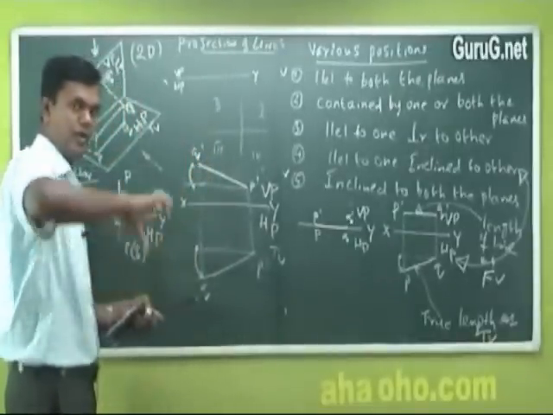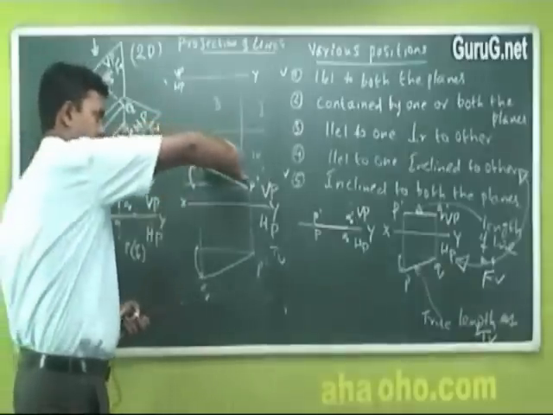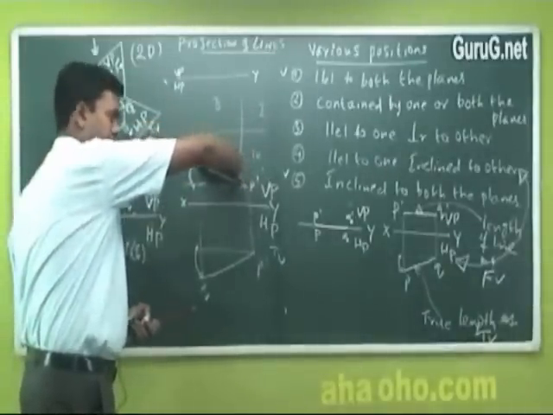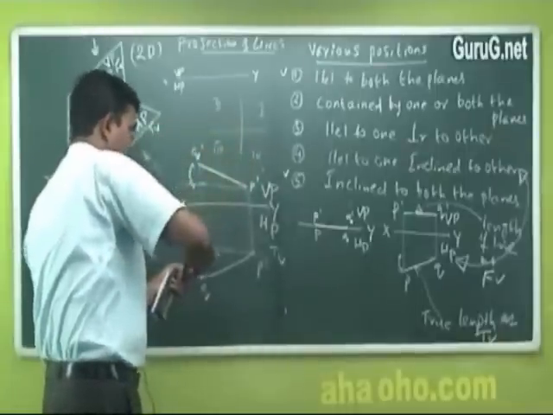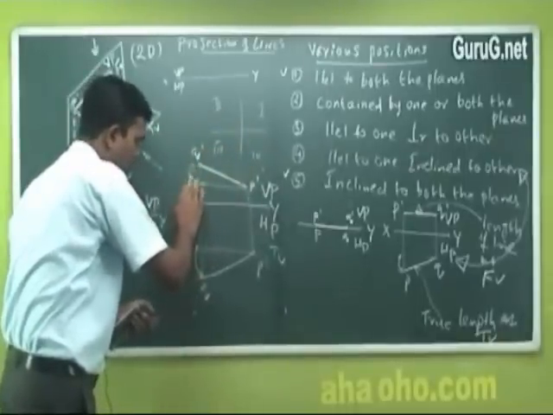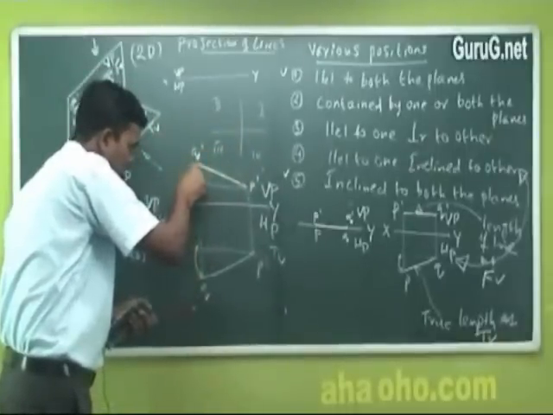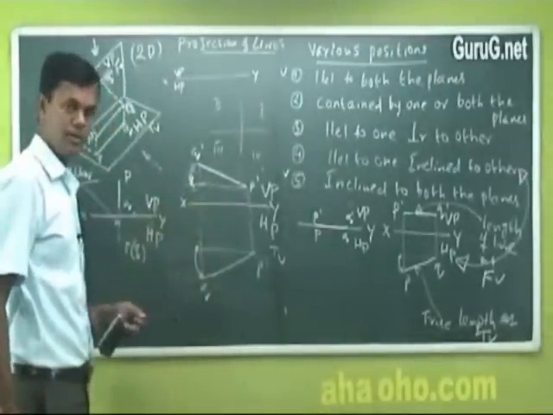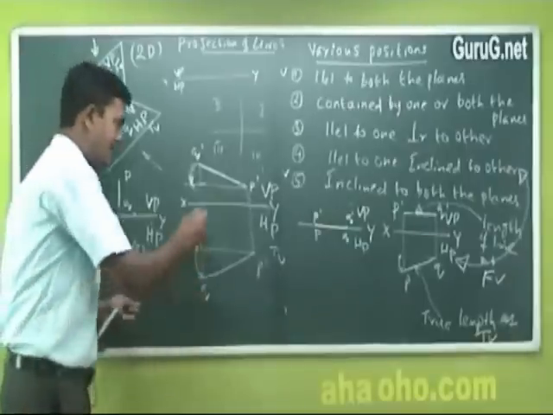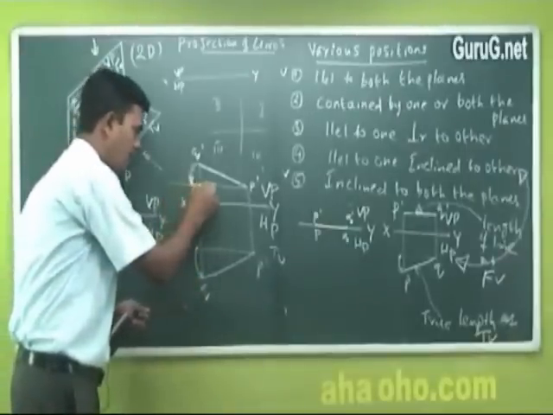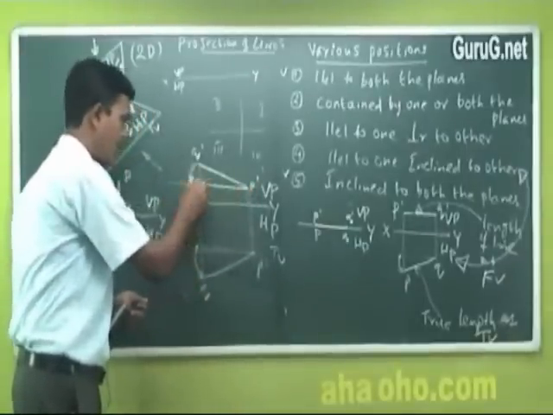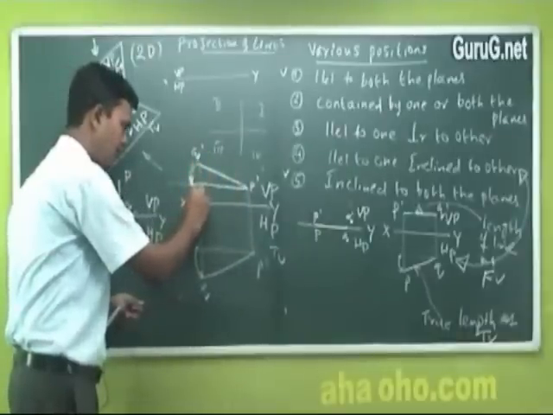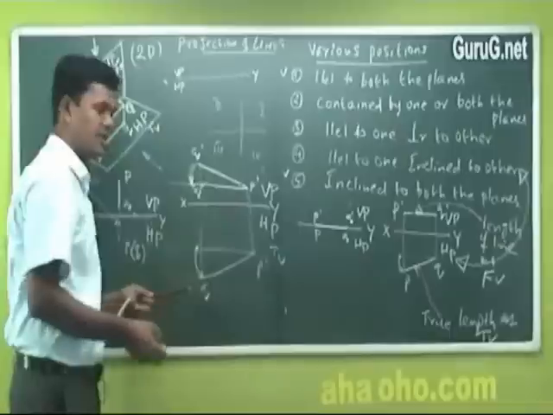Say, for example, you hold a compass. This is an inclined line. Hold the compass like this and rotate it. What will happen? It comes and touches a point here. Now this touching point of Q, I'll call Q double dash.